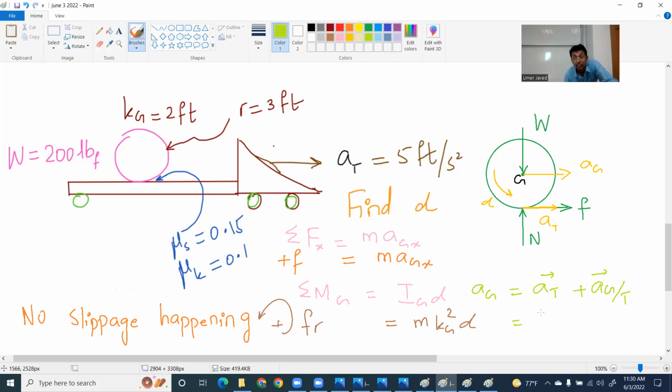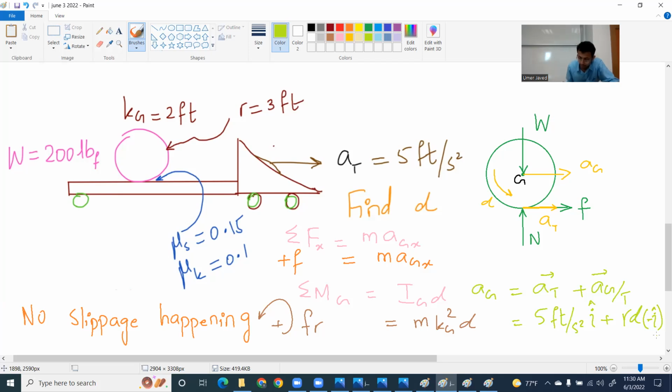I think you already know, that is 5 feet per second squared, I think towards right, if I'm not wrong. And what is the next term? It is alpha multiplied by r. So I suppose it will be r alpha in the negative i direction. Can you double check for me? No? I think so.